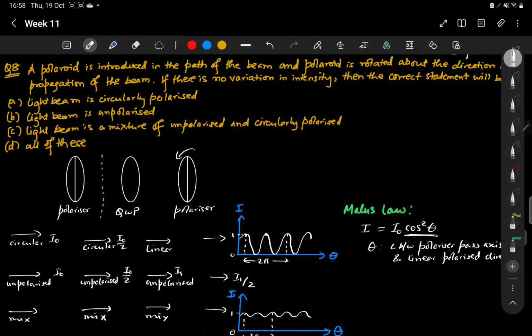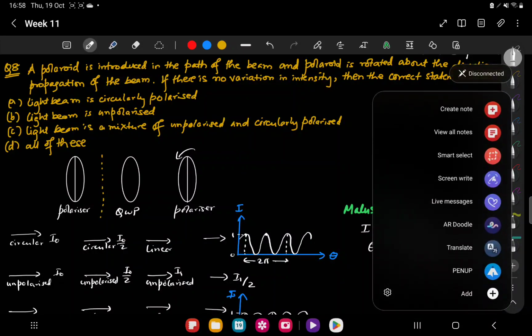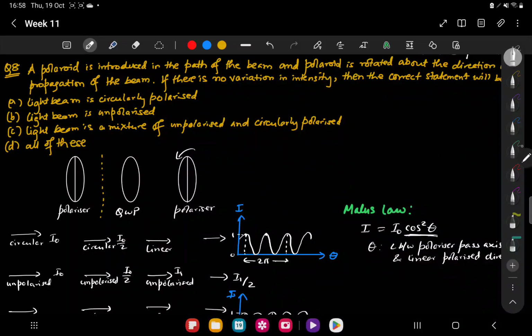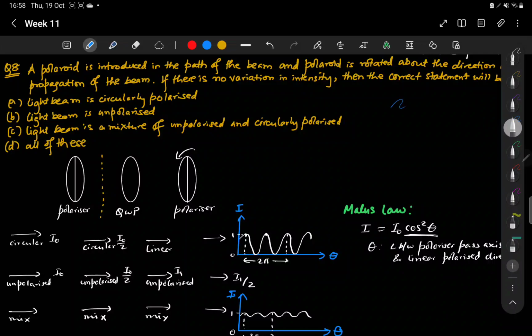So if I were to draw cos theta and cos squared theta on the same graph, oh sorry about that. So if this is my axis, okay, today I'm not able to draw straight lines. Okay, here.